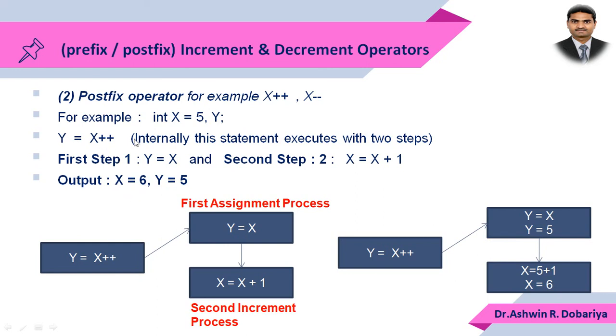So after evaluating this statement, x is 6 and y is 5. So here also y = x++ means the first step is assignment of x. So x is assigned to y, then x will be incremented, right? First the value of x is assigned to y, so the value of x is 5, so y is 5. Then x is incremented by 1, so x becomes 6.